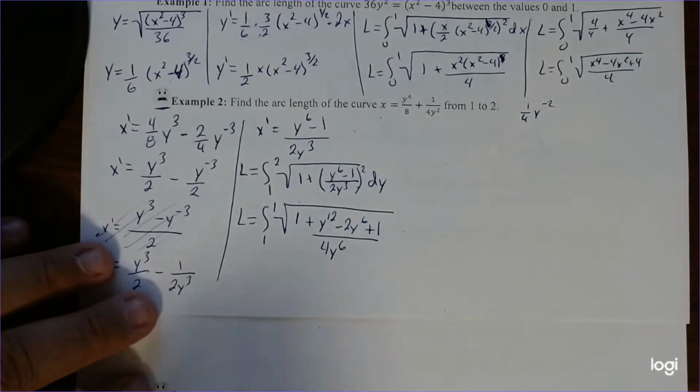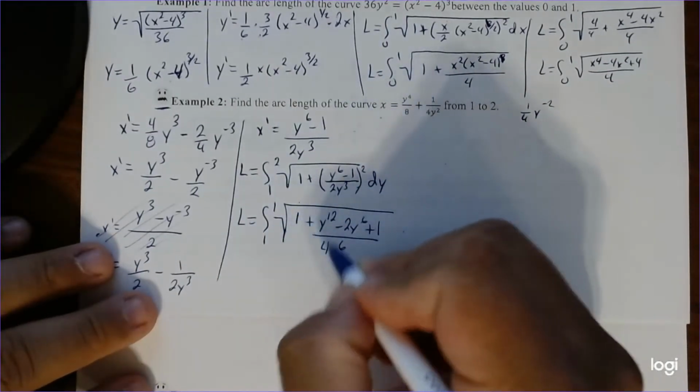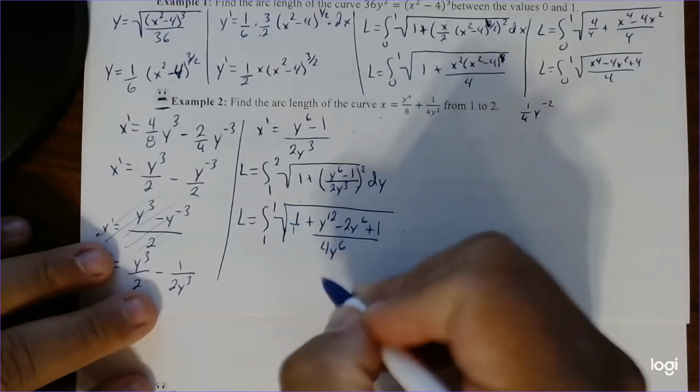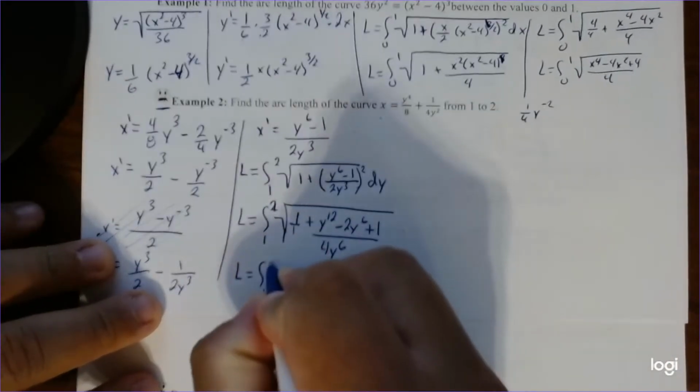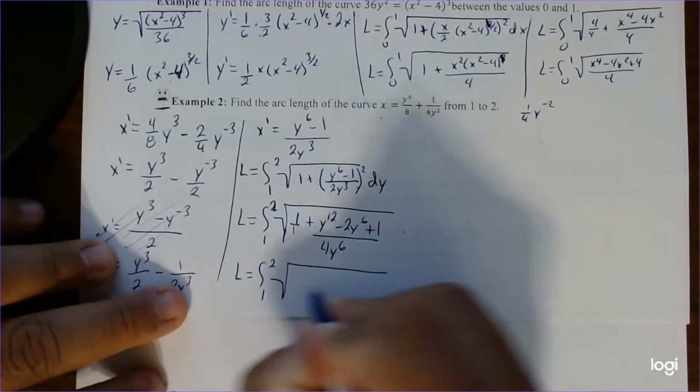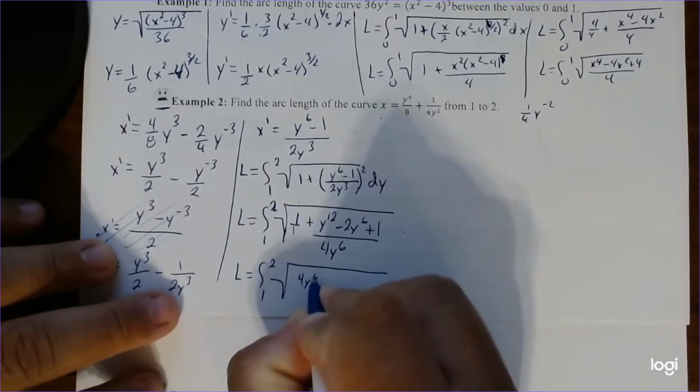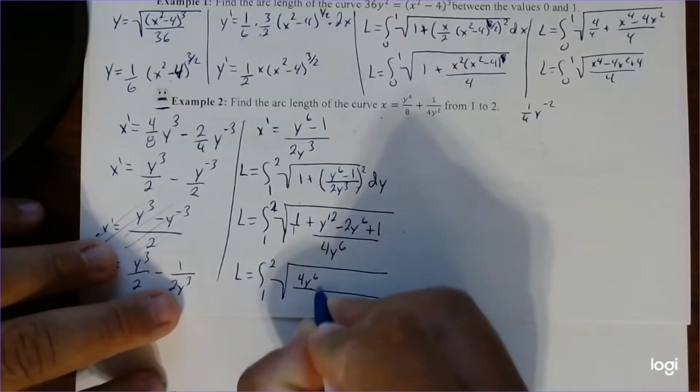Okay. And now what we're going to do is put both of these fractions together, so it's technically over 1. So put them all together: 4y to the 6 plus all of this.